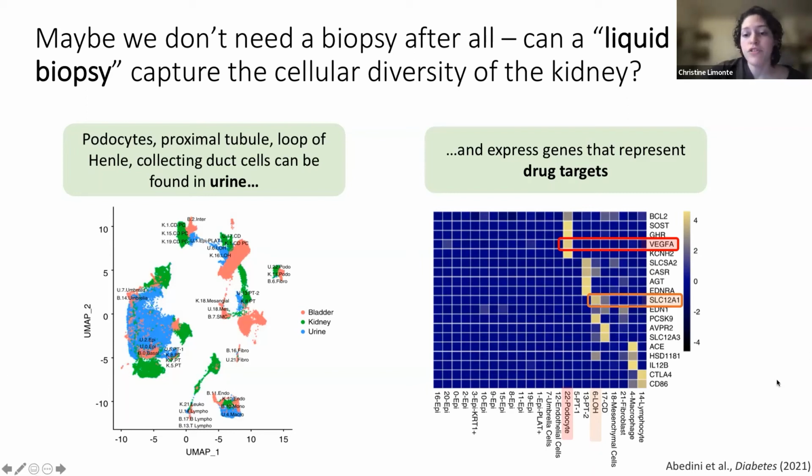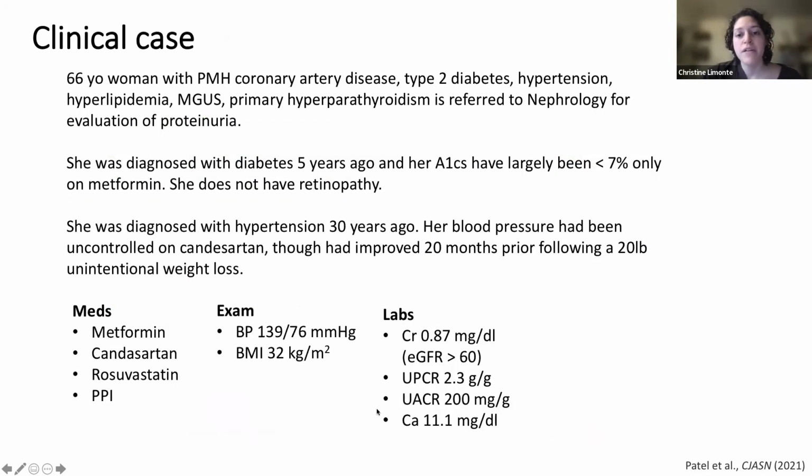So maybe in the future, we can identify dysregulated molecular pathways and determine potential responses to specific therapies using urine alone. So having reviewed kidney biopsy findings in diabetes, I'd like to close with a clinical case.